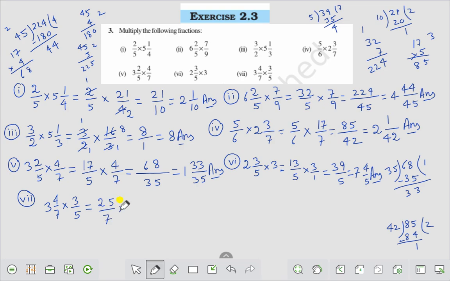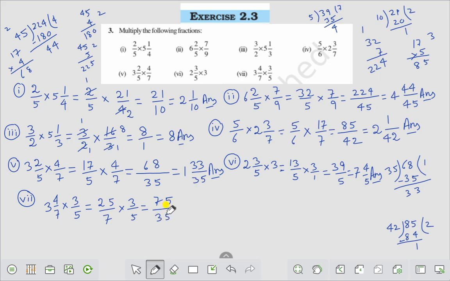25 by 7 into 3 by 5. 25 into 3, that is 75, and 5 7s are 35.